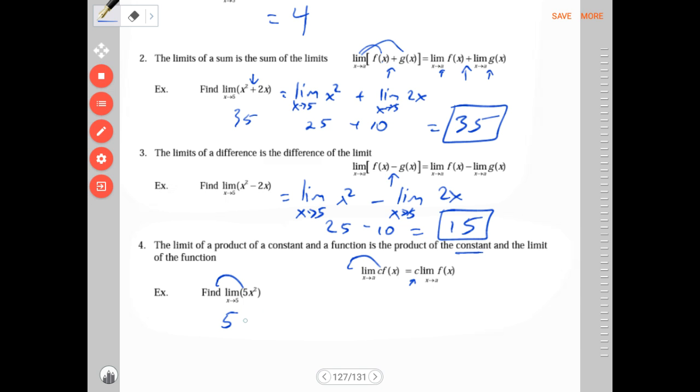This is 5 times the limit as x approaches 5 of x squared. To figure out that limit, remember we just substitute in. So 5 squared is 25 times 5 is 125. Again, if we had done that right at the beginning, just putting 5 right in there, 5 squared is 25 times 5 is 125. So it works that way too.